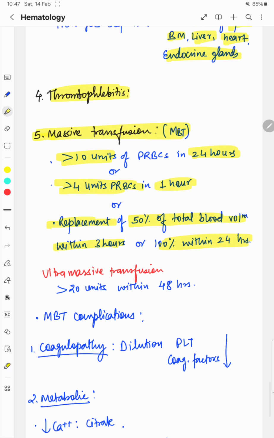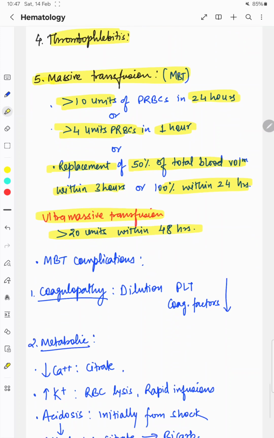These are the definitions of massive blood transfusion, and one term is known as ultra massive transfusion, which is defined as more than 20 units of PRBC transfused within 48 hours.